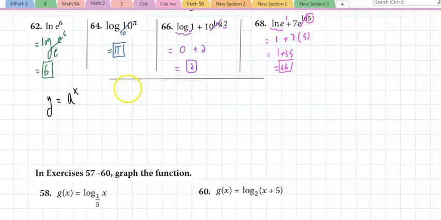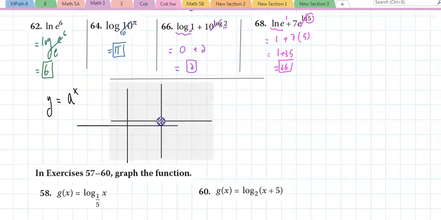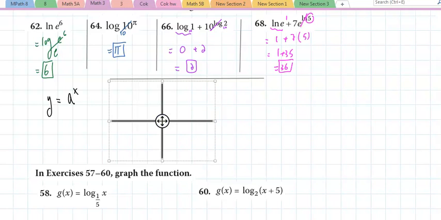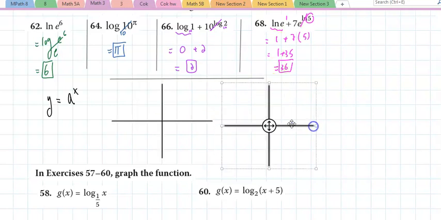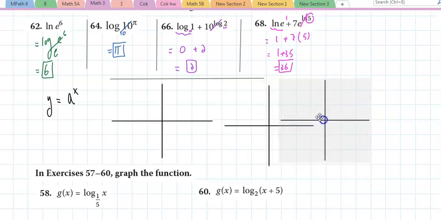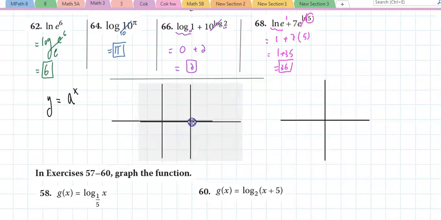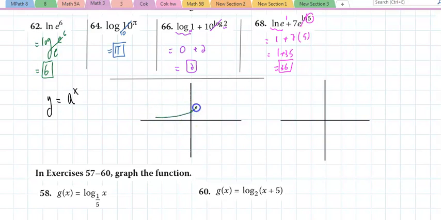The graph of that will look either be an exponential growth, so either something like this, if the base is bigger than 1.